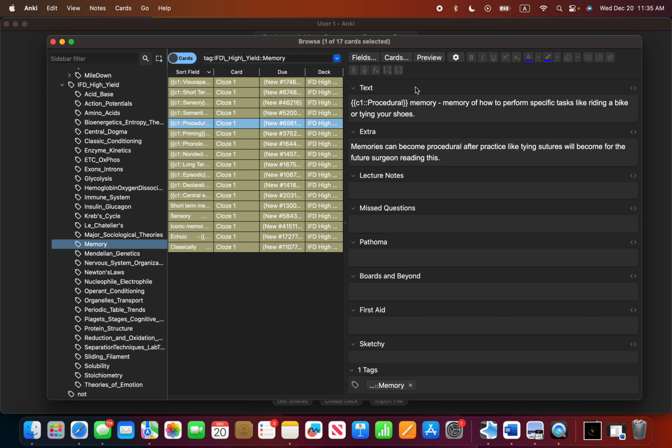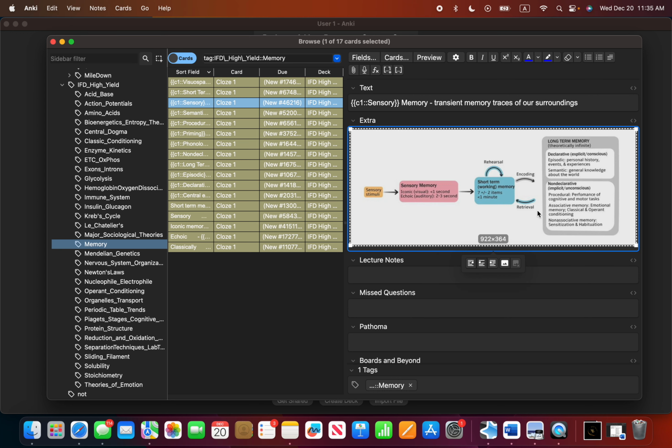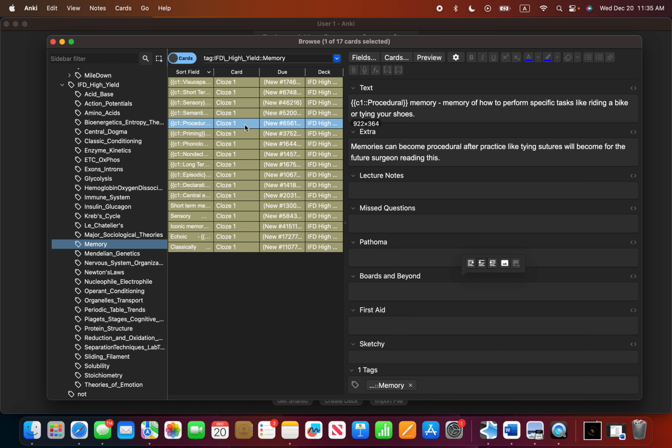Procedural is a procedure. Is it unconscious or is it conscious? Should be unconscious, right? Like driving, right? Riding a bike, driving, tying your shoes.